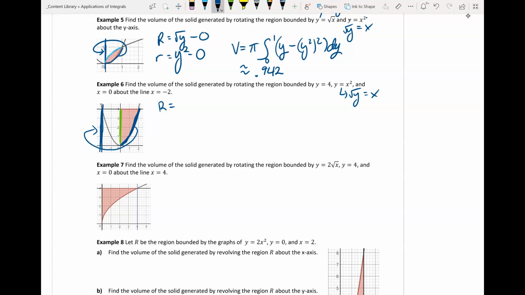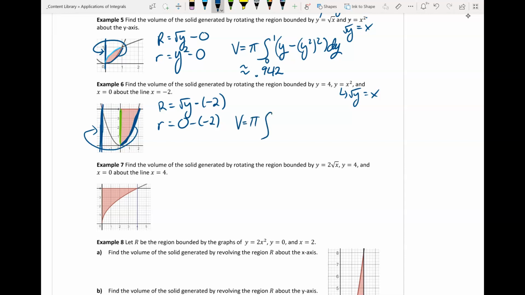This is my outer radius, so that's root y minus the line of rotation, which is -2. Then the small r is our green line here, that's the inner radius, which is just 0, because it's x equals 0, and then minus our line of rotation.